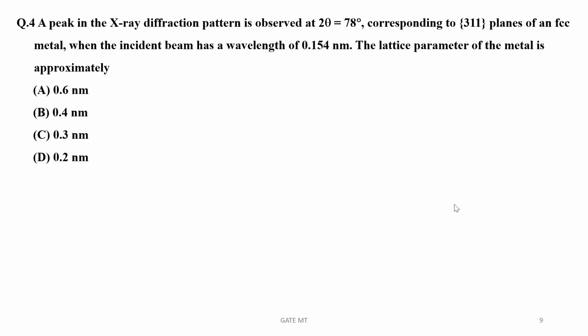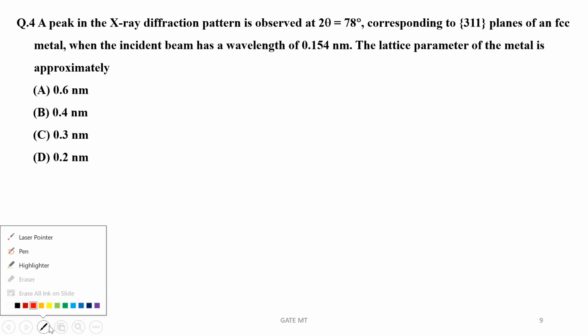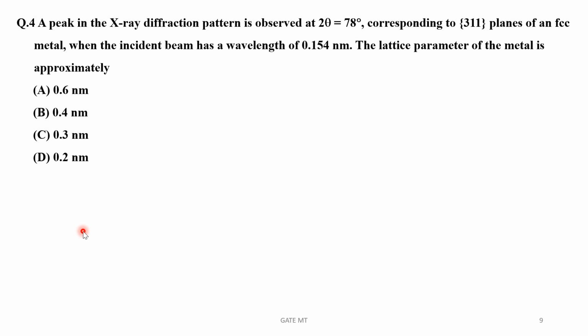For others, have you started solving and has anybody got the answer? Please unmute and speak if you've got the answer, else I'll explain. So lambda is given to you, theta is given to you, HKL values are given to you.